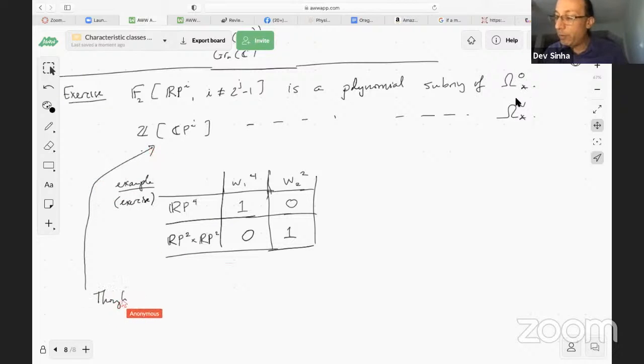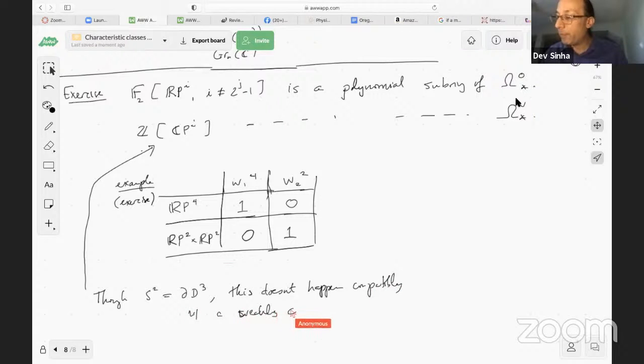Though S2 is the boundary of D3, this doesn't happen compatibly with one of these weakly complex structures on the tangent bundle of D3.